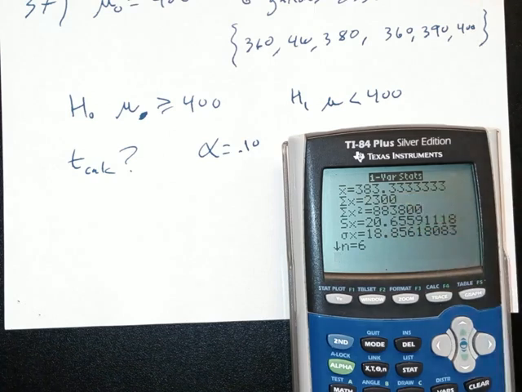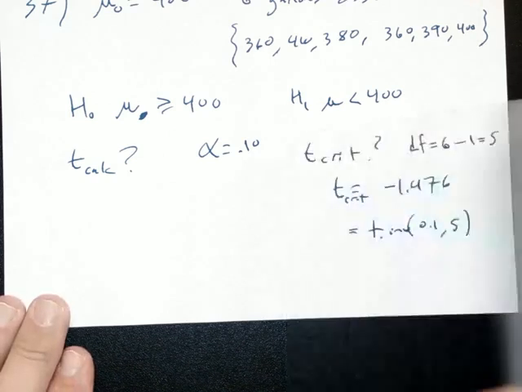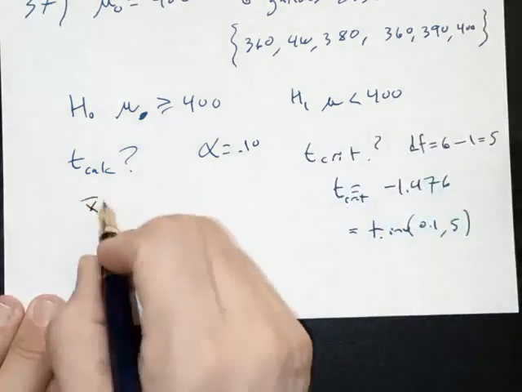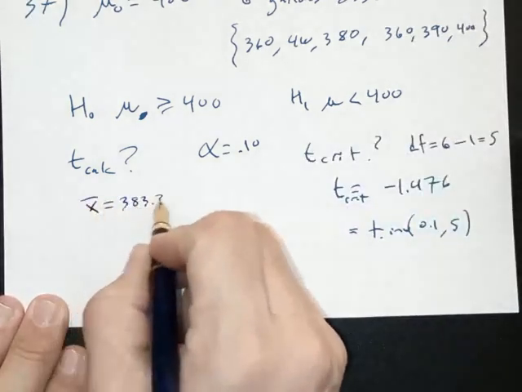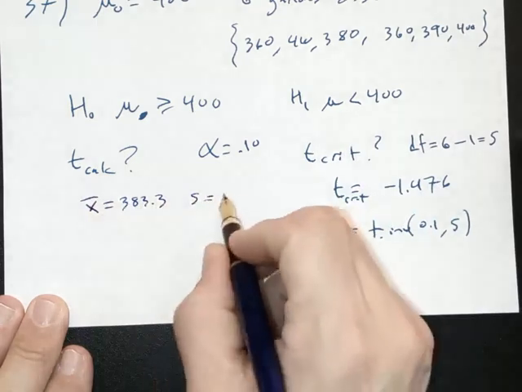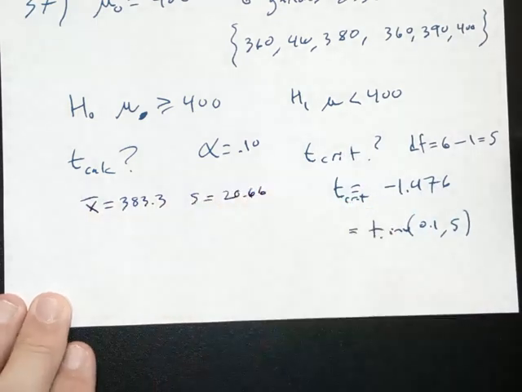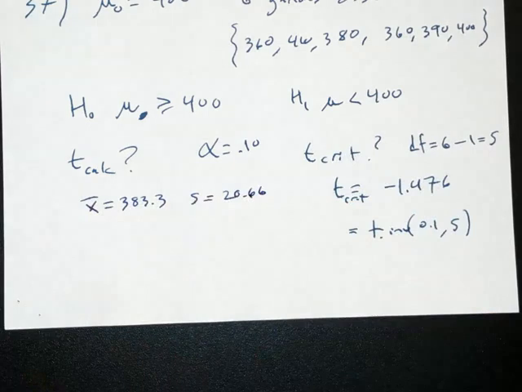And then for the mean, I'll do 383.3. But those are numbers we have to work out. We have to calculate ourselves. Now, what is the calculated t-value?